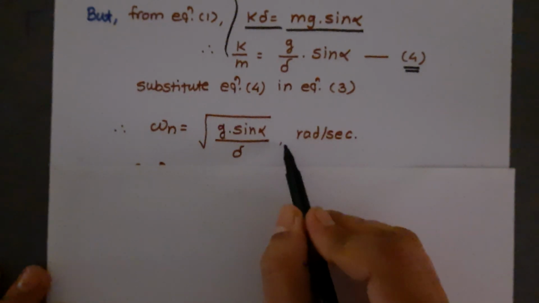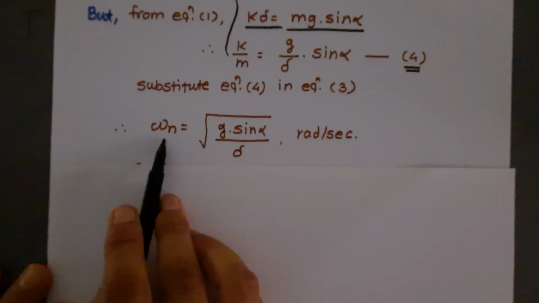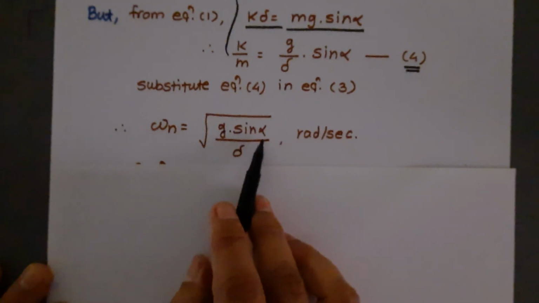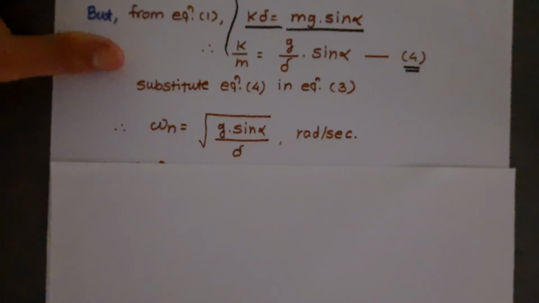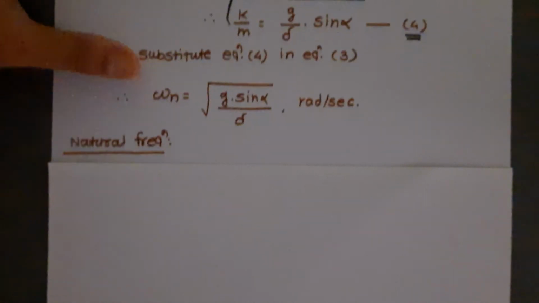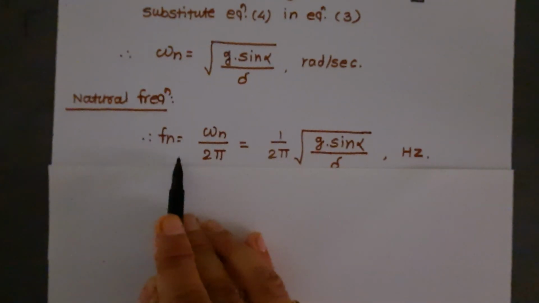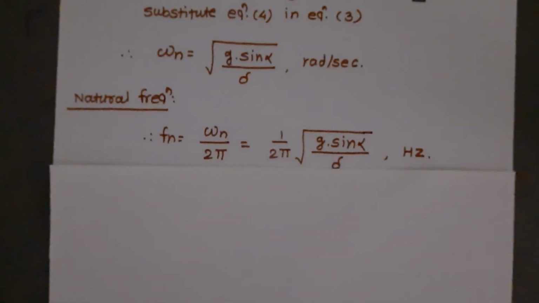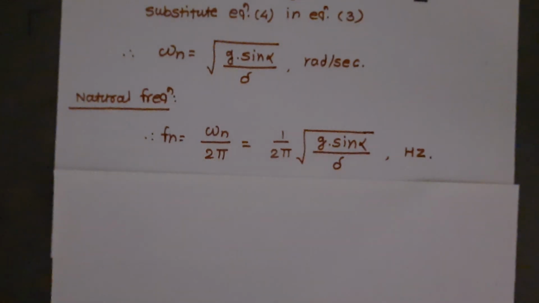This is the circular natural frequency in radians per second, where omega n is the circular natural frequency of the given system, g is gravitational acceleration, alpha is the inclination, and delta is the deflection of the spring at equilibrium position. Once you know the circular natural frequency, you can calculate the natural frequency by the formula Fn is equal to omega n upon 2 pi is equal to 1 upon 2 pi under square root of g into sin alpha divided by delta, in hertz.